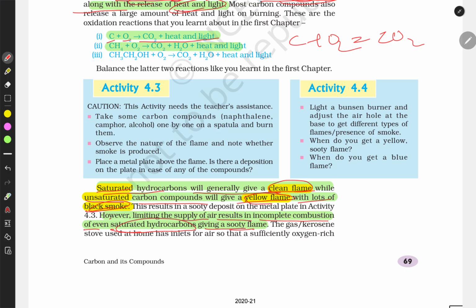If there is an excess of oxygen, it will give a clean flame. If the oxygen is limited, it will burn like an unsaturated hydrocarbon, giving a sooty flame with a lot of black smoke.